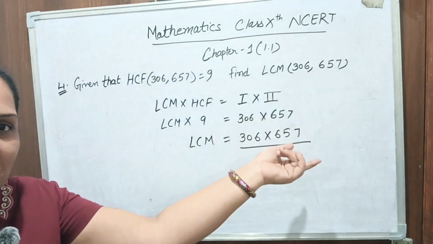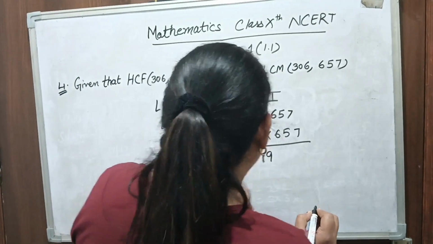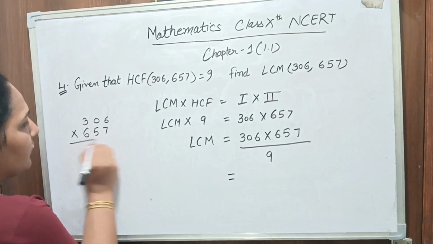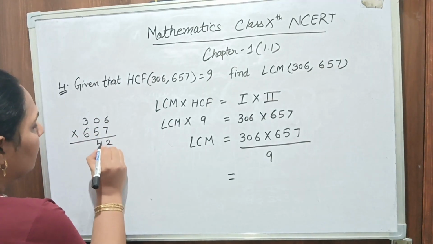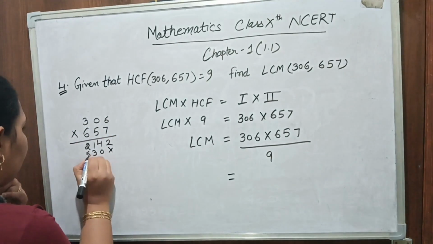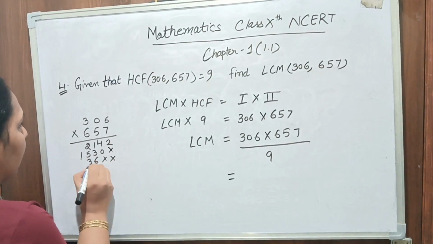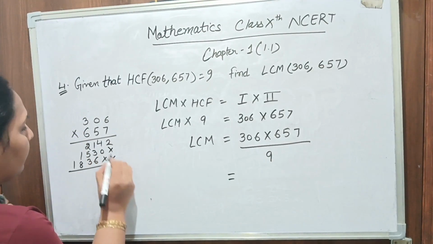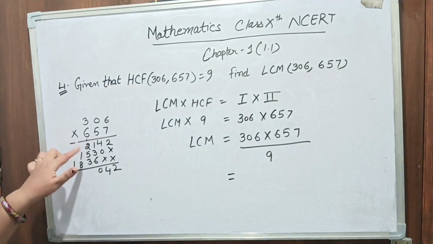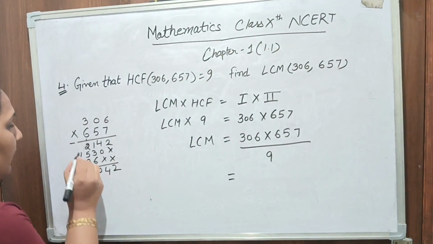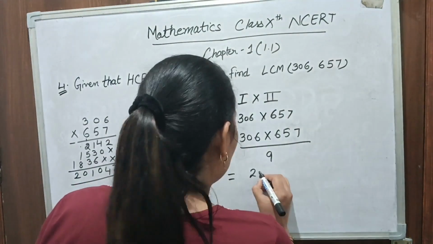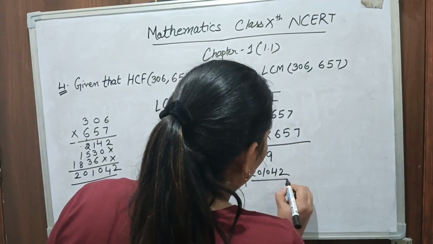You can multiply these numbers and then divide by 9. 657 multiplied by 306. 6 sevens are 42, 3 sevens are 21, 6 fives are 30, 5 threes are 15, 6 sixes are 36, 6 threes are 18, 2, 4, 6 plus 4, 10, carry 1, 2 plus 1, 3, 3 plus 5, 8, 8 plus 3, 11, carry 1, 8, 9, 10, 0, carry 1, 2. So that is 201042 divided by 9.